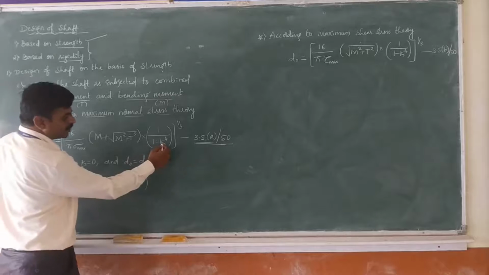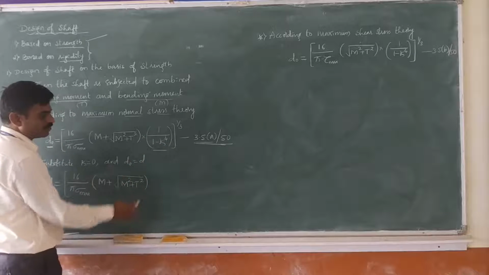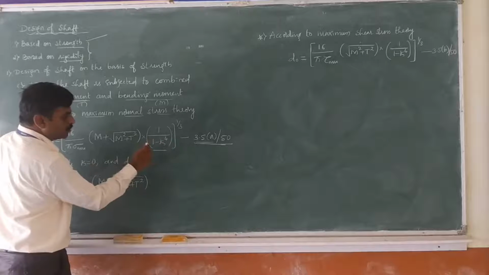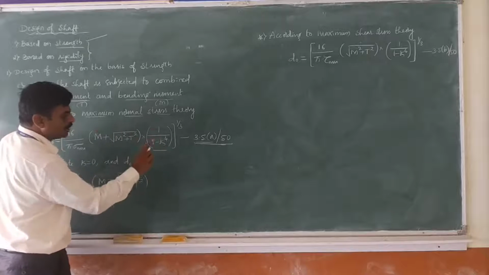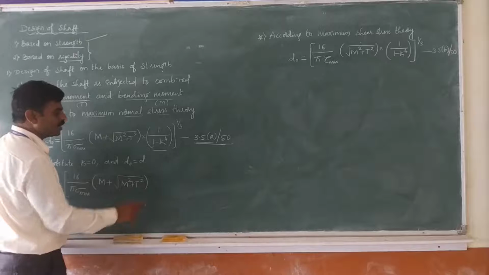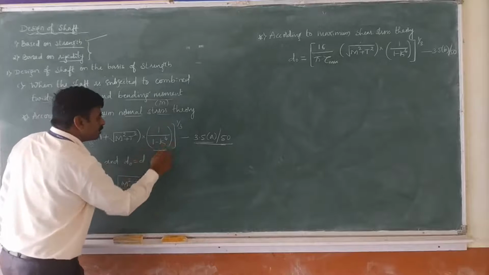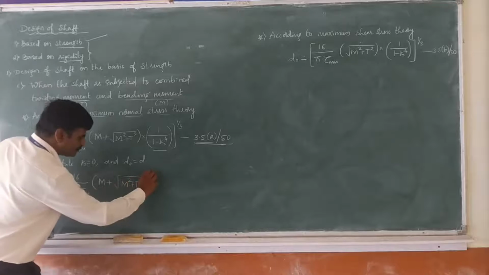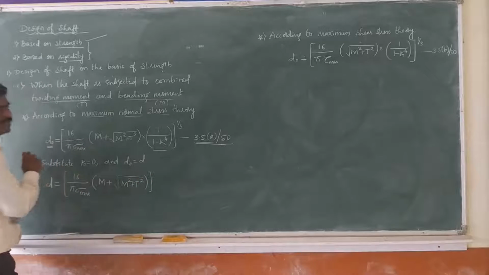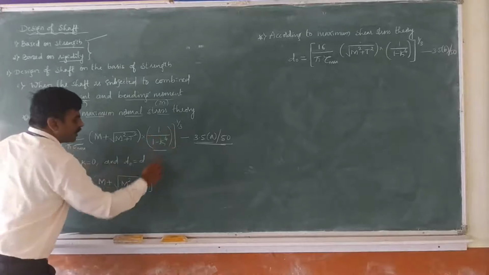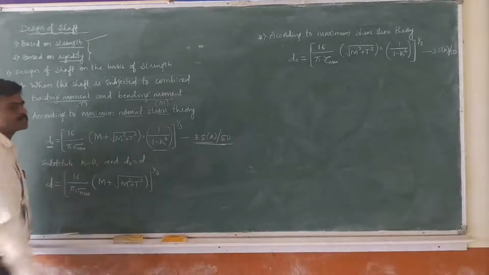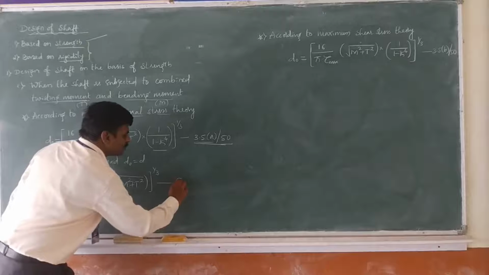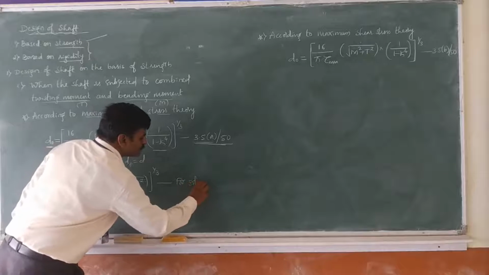K is 0, 0 raised to 4 is 0, 1 minus 0 is 1, 1 divided by 1 is 1 only. So the bracket term reduces to 1, we neglect that, and the power, don't forget this one. So this equation is for solid shaft.